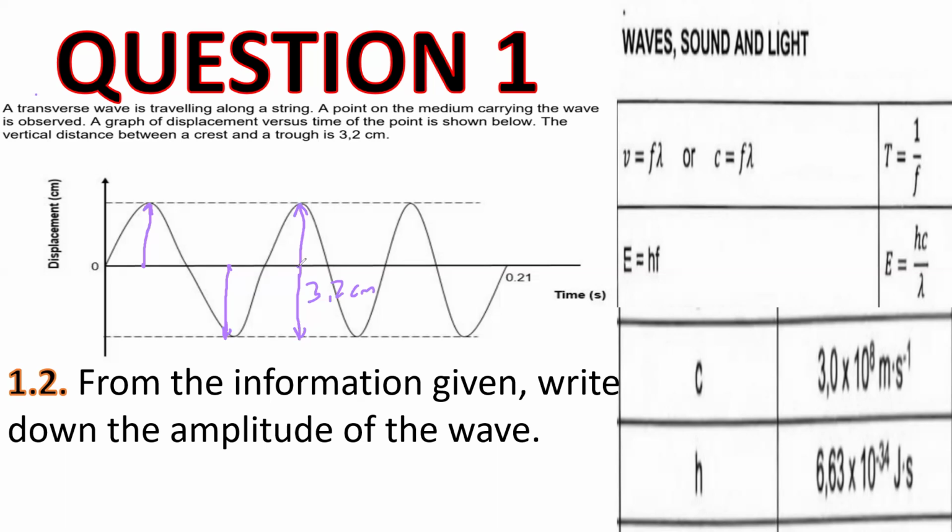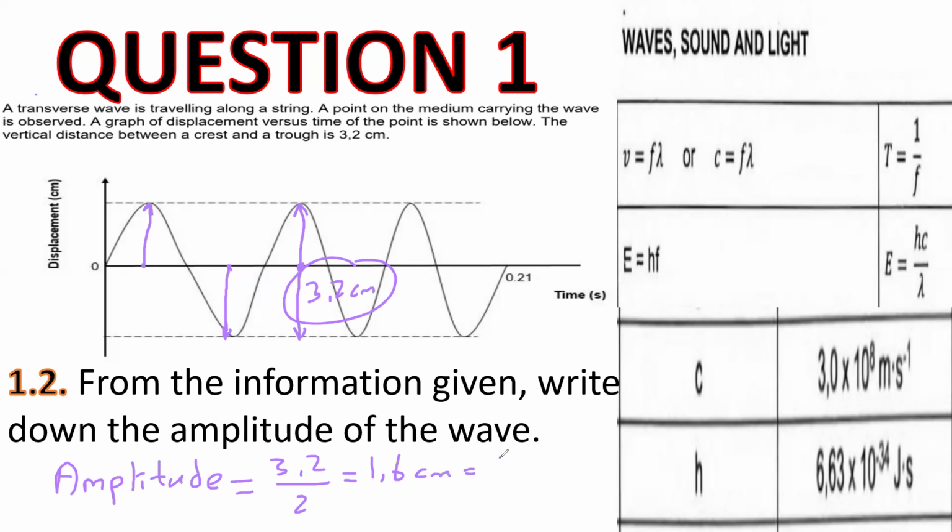So we need only half of this, because from rest position to crest or from rest position to trough, lowest point. So just half of this is giving you amplitude. Okay, let's write our answer. Amplitude equals 3.2 over 2 is equal to 1.6 centimeters.